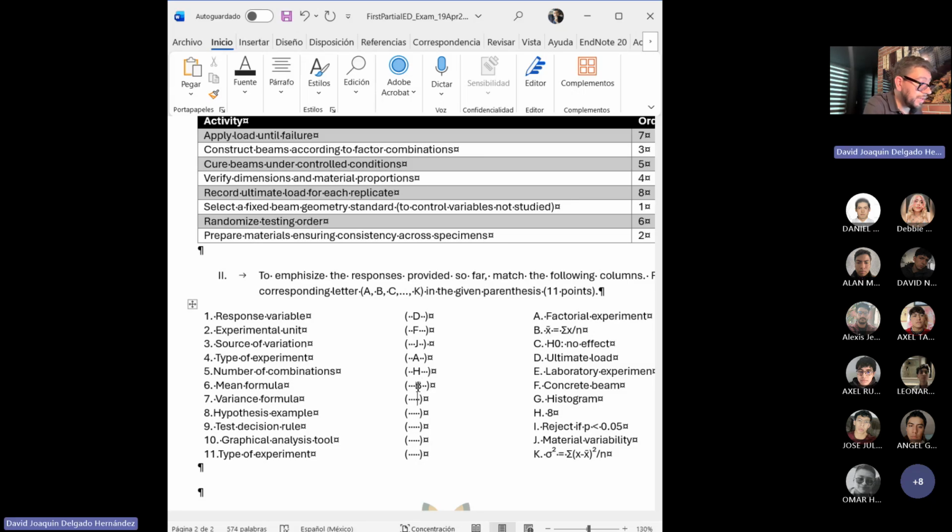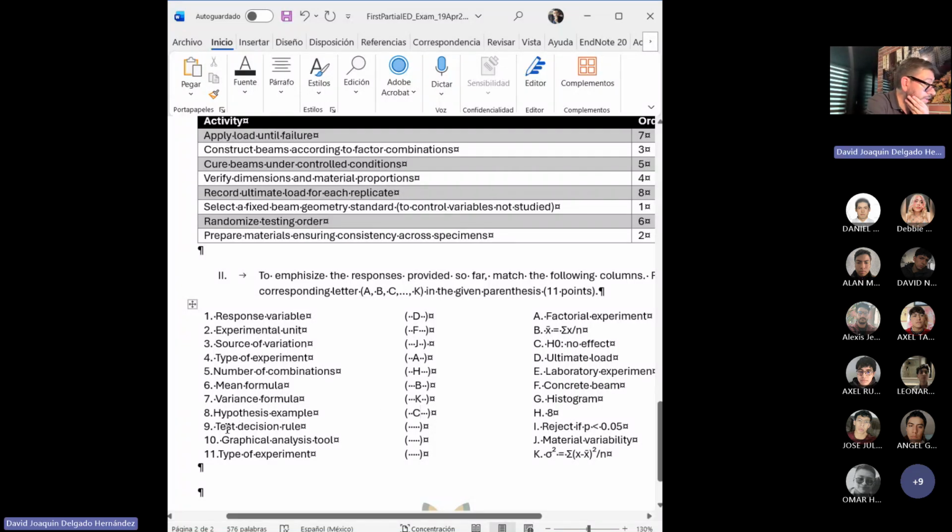The variance formula, it is letter K, the very last option. It is the sigma square. That is the formula for the variance. Number 8 is related to hypothesis example. It is letter C. H0 is that there is no effect.